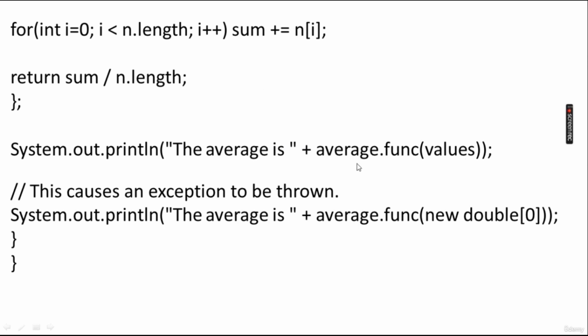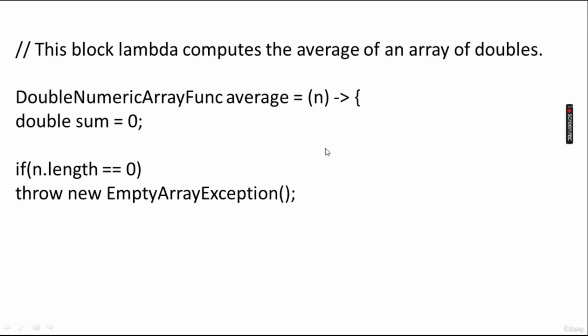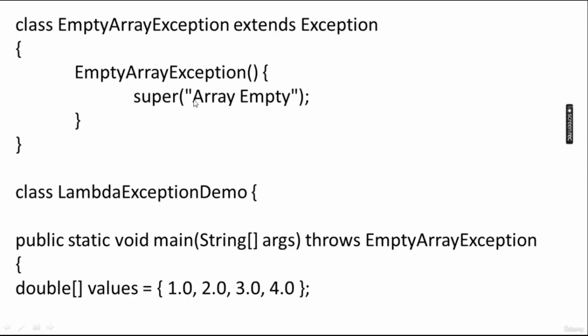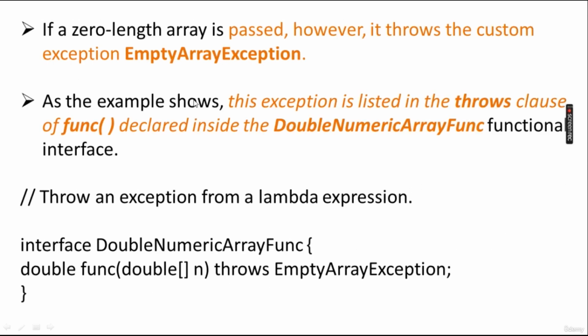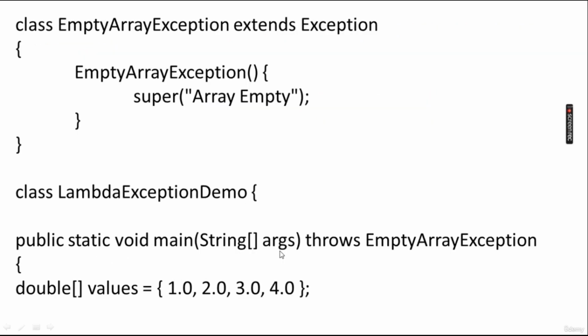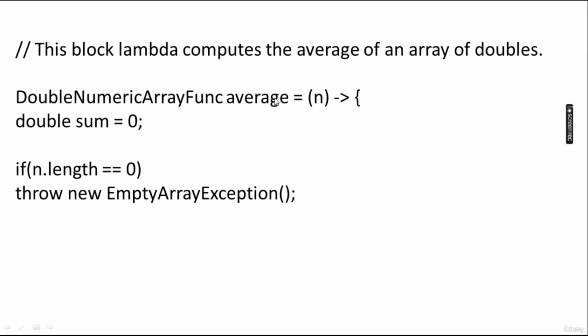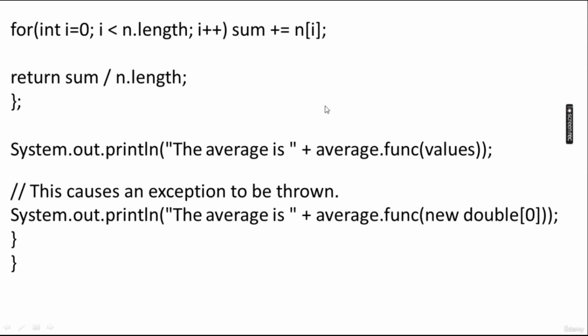So here what are we passing, what is average over here? This is the reference variable of the double numeric array function functional interface. Okay, double numeric array function, this is the functional interface name, right? And then average is the name of that reference variable. Here we are passing n.